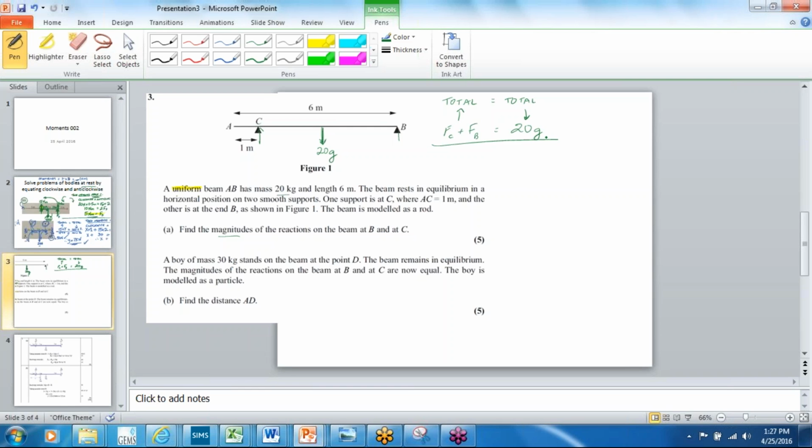Well, either we will take moments about B, because there's an unknown force there, or we will take moments about C, because there's an unknown force there. So let's take moments about B. That means force times displacement from B. And the clockwise moment will equal the anti-clockwise moment.